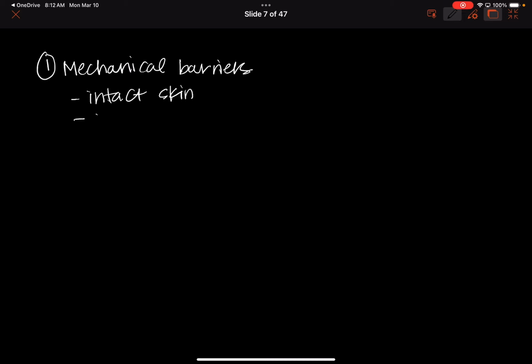But the one that was on your list are your mechanical barriers, which are your intact skin and mucous membranes. But then we have other chemical and microbial barriers too that are going to help us with this first line of defense.